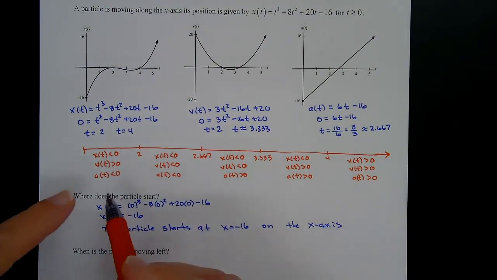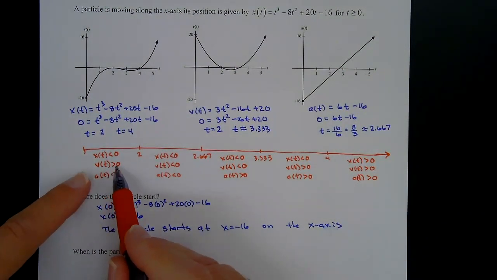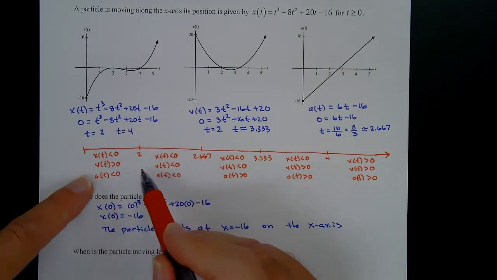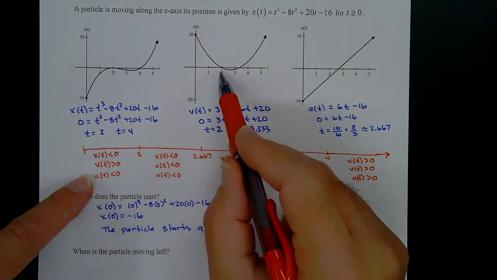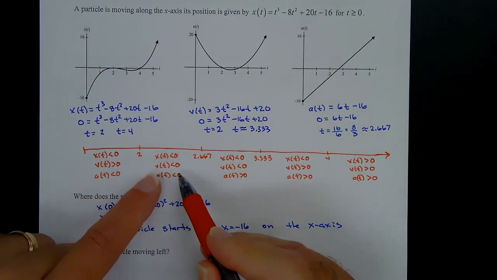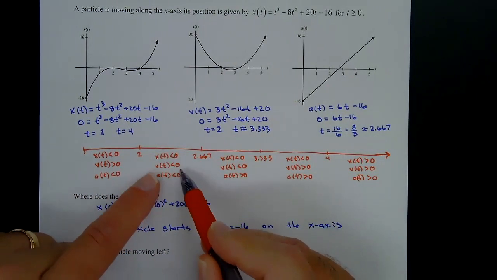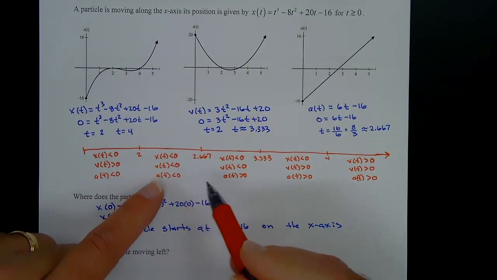Okay. And then here, velocity is positive, but acceleration is negative. I'm slowing down. Okay. I wouldn't include 2 because 2 is 0 for velocity. Okay. Here, velocity is negative, but the acceleration is also negative. That's telling me I'm speeding up.